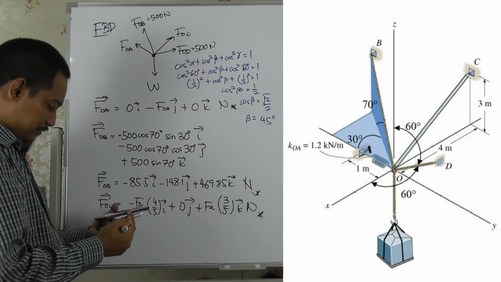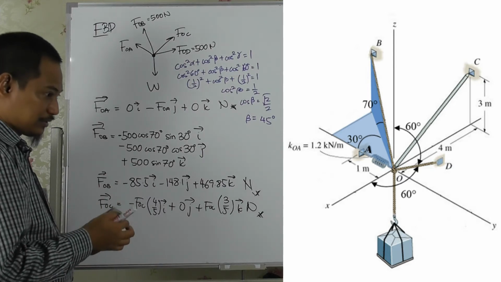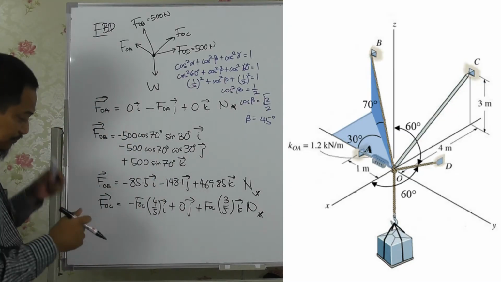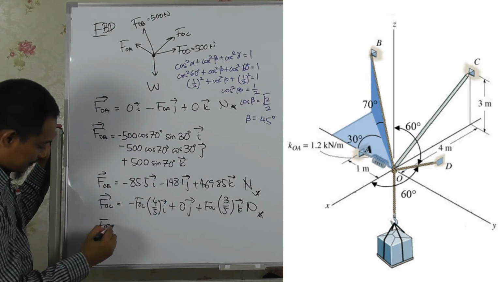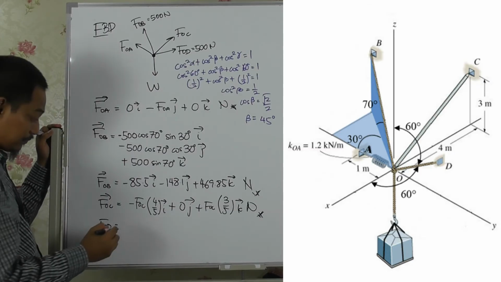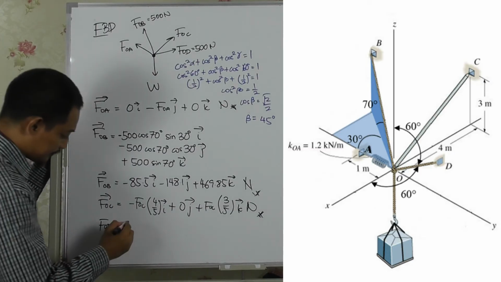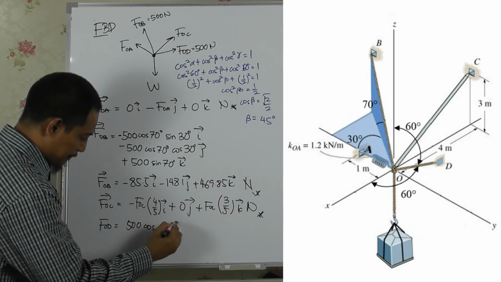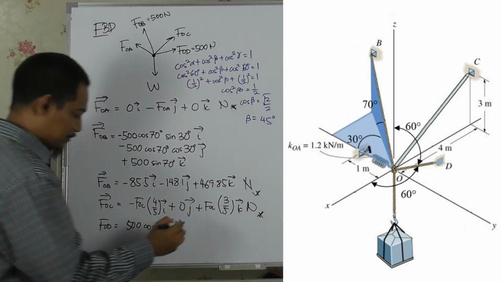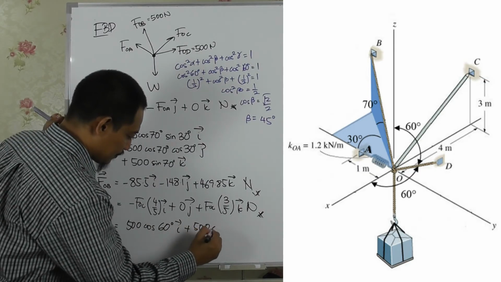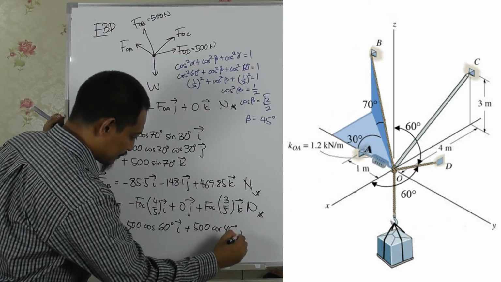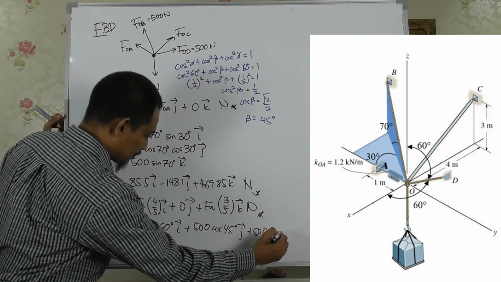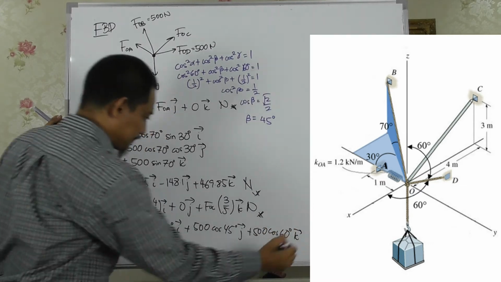So what do we have? Because we are using alpha, beta, and gamma for FOD, right? So FOD is 500 cos 60 degrees i, and then beta becomes plus 500 cos 45 degrees j plus 500 cos 60 degrees k.